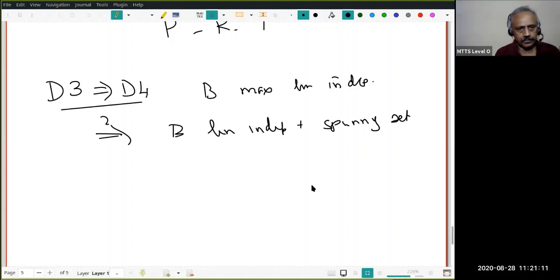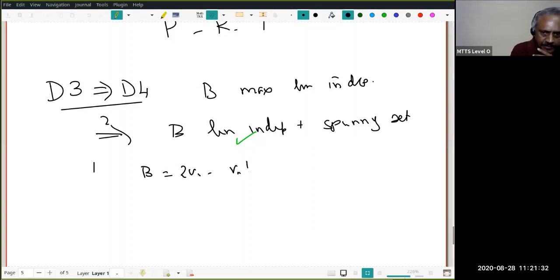This is all I have to prove. Right? Okay. By definition, B is maximal linearly independent, therefore B is linearly independent. That's clear. This is already given. So I only have to prove it's a spanning set, but that's also given, because let B as usual be v1 to vn, right? It's a maximal linearly independent set.